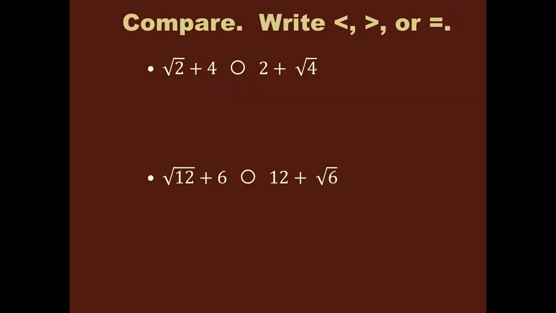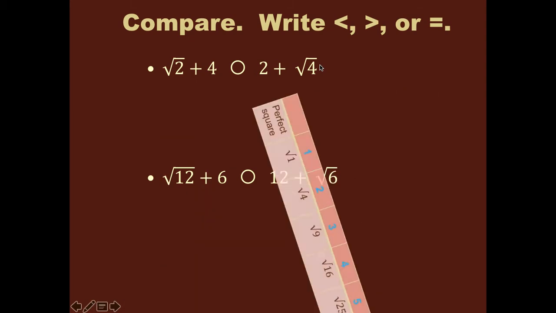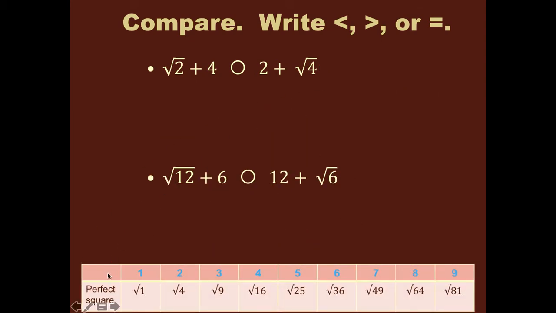Now let us compare square root of 2 plus 4 and 2 plus square root of 4. We know that 2 is not a perfect square. So the square root of 2 comes in between square root of 1 and square root of 4, so it will be between 1 and 2.